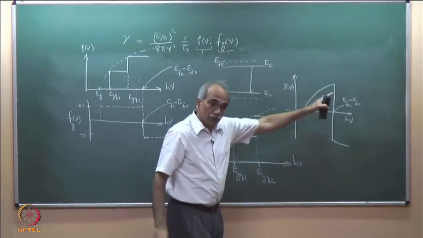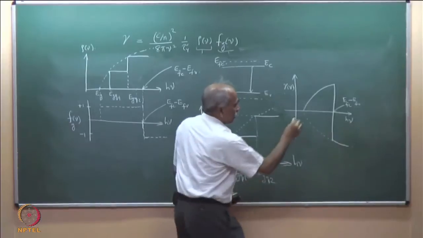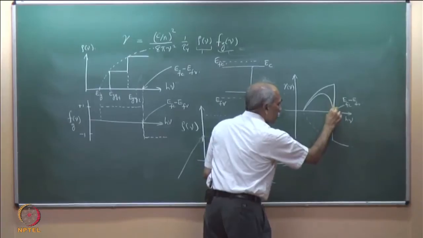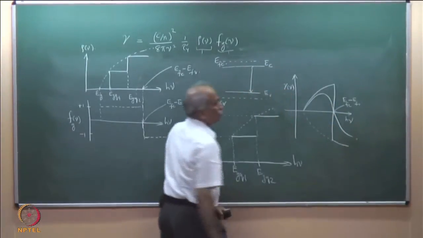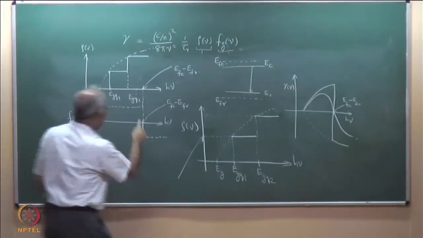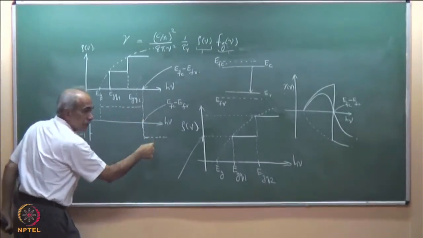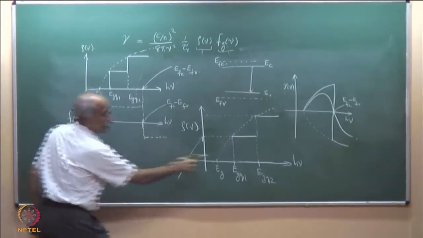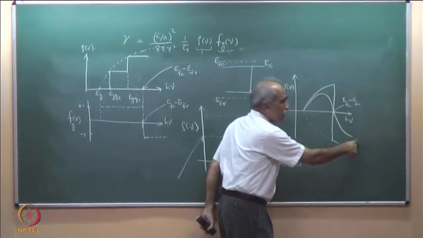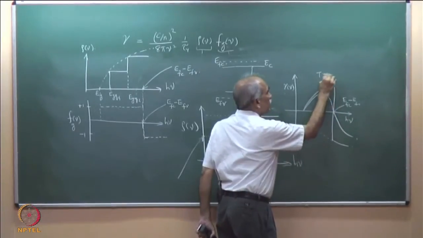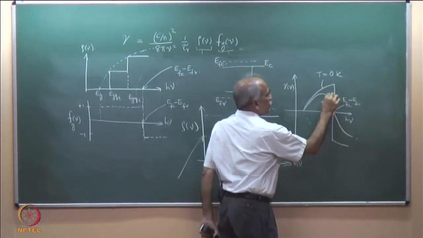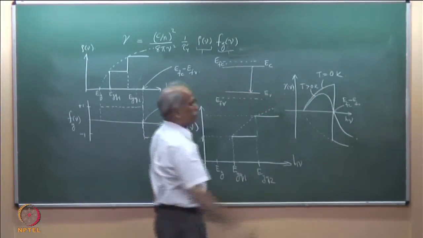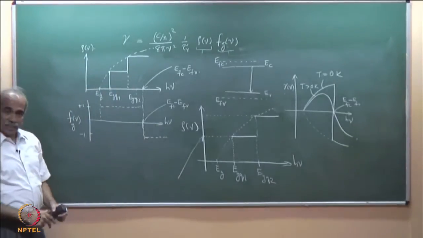This was for T equal to 0. At a finite temperature, this changed to this. Why did this change? Because Fg of nu was no more a step function. Fg of nu was varying like this. That is why this changed over to this. So, this is for T equal to 0 K, and this is for T greater than 0 K, at a finite temperature. That is for the bulk.